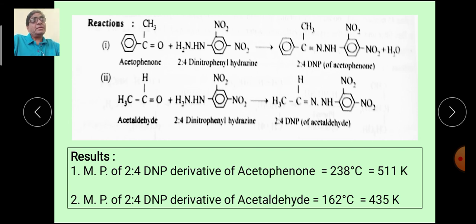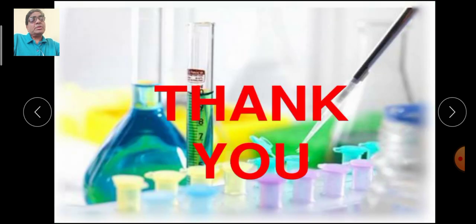Thus, there are two hydrazone derivatives. The compounds are two: first is acetophenone, second is acetaldehyde. Thus, we have seen the practicals of derivatives. Thank you. Students, write this practical in the journal.